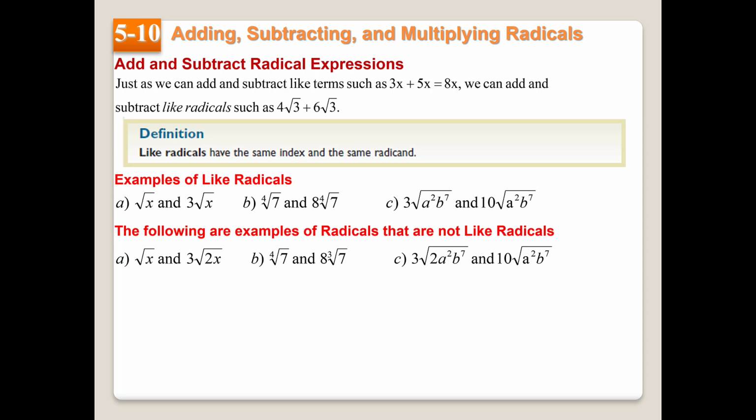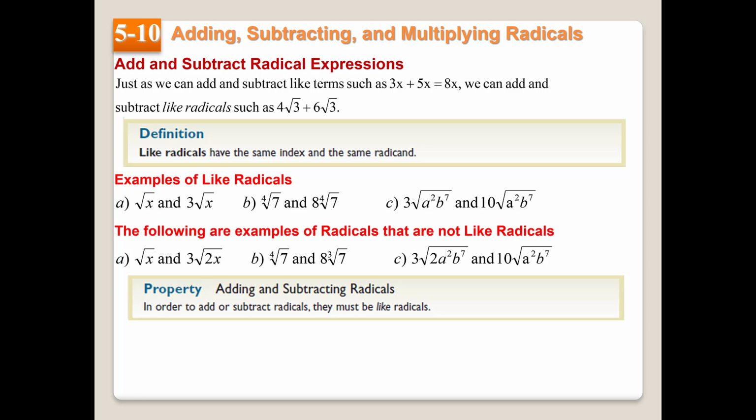Now granted, the 7s are both the same, but the 4th root of 7 and the cubed root of 7 are totally different, so they're not like at all. And for C, we have 3 times the square root of 2 times a squared times b to the 7th, and 10 times the square root of a squared times b to the 7th. Yes, we have a squared b to the 7th. However, there is a 2 times in the first one, so those are not like radicals at all.